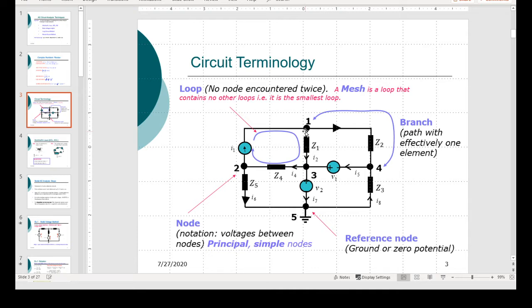Then you'll see here I've got dots. These we call nodes, the point where conductors carrying current through the various elements meet. So this is node 1, this is node 4, they are labeled these nodes. So the path between any two nodes is called a branch.